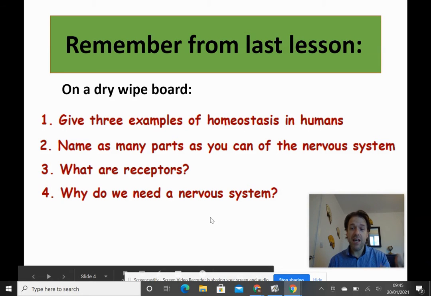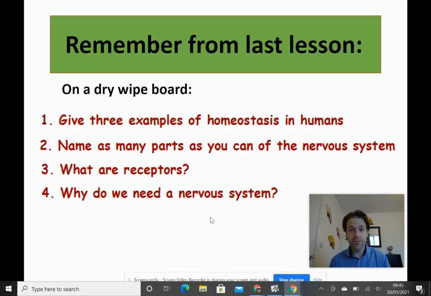What are receptors? Again, like we said, specialized cells. We've got them on our tongues, our chemoreceptors to taste the chemicals. We've got them in our nose, chemoreceptors again, to detect chemicals and smells. We've got sound receptors in our ears.